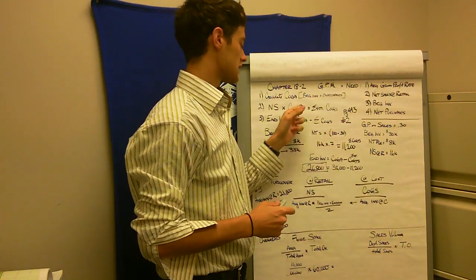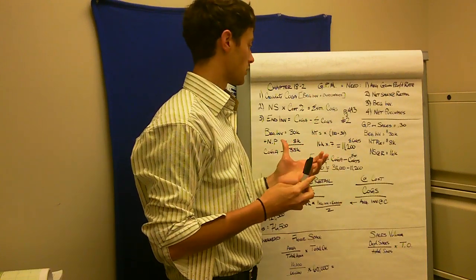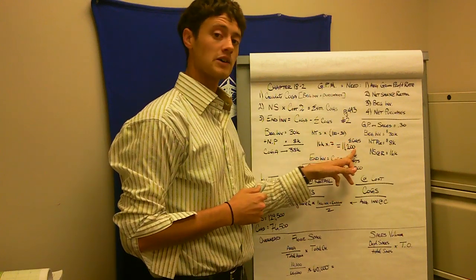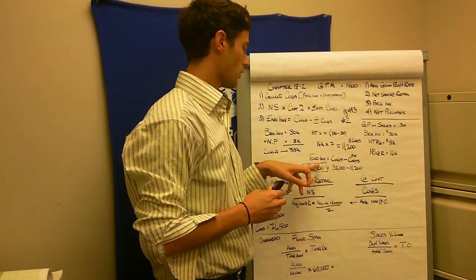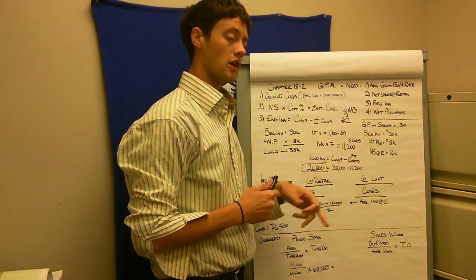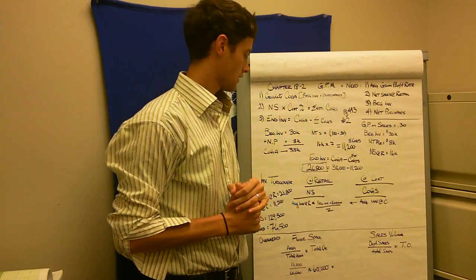Times that by our cost percentage, which is 1 minus 0.3, so it's 0.7. So our estimated cost of goods sold is 11,200. And so our ending inventory is 38,000 minus 11,200, which gets us 26,800.